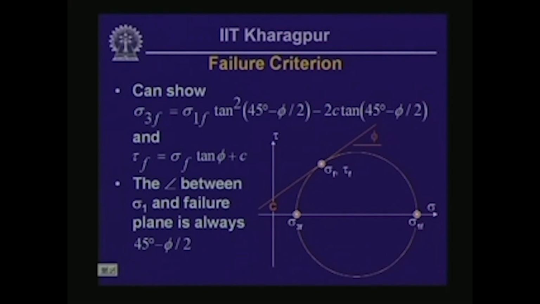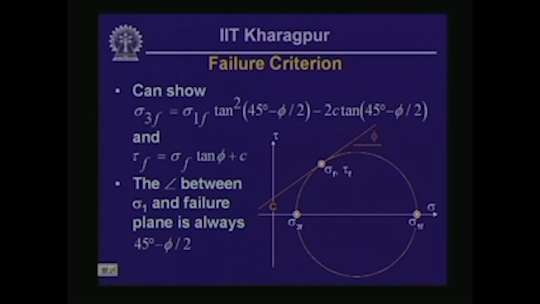If you consider the simple case of linear failure envelope, and such type of linear failure envelope is called Mohr Coulomb failure envelope, then you can show that the minor principal stress at failure sigma 3f is equal to the major principal stress at failure sigma 1f multiplied by tan square of 45 degree minus phi by 2, minus 2c tan of 45 degree minus phi by 2.